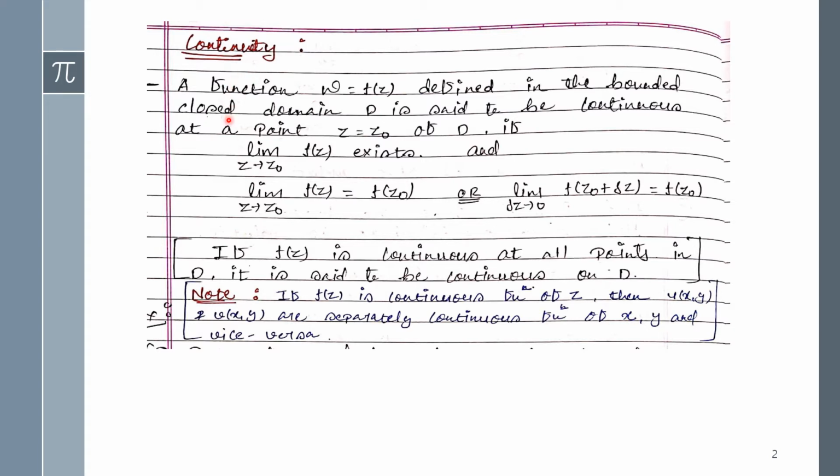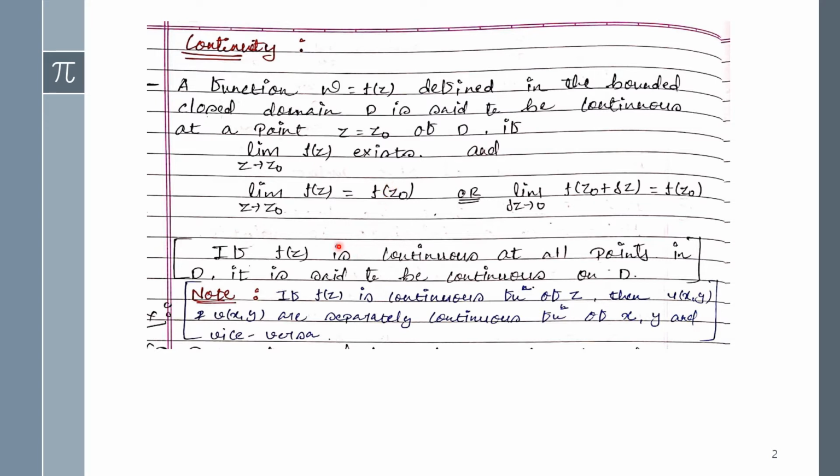Here I have written one definition of continuity. A function w equals f of z defined in the bounded closed domain D is said to be continuous at a point z equals z0 of D if the limit as z tends to z0 of f of z exists.